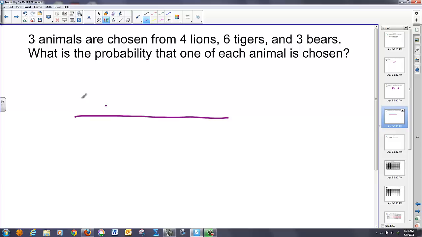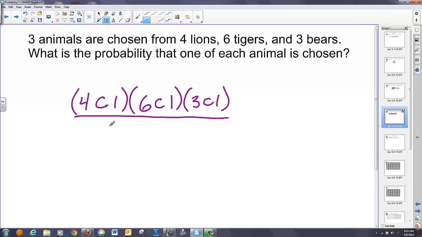So if I'm looking at just the lions, this is a combination problem, 4C1, and then 6C1 for the tigers, and 3C1 for the bears. I've got a total of 13 animals, of which I'm choosing 3. Order doesn't matter. And that's going to get us whatever fraction we need. I'm going to stop calculating these out because you can do those from there.